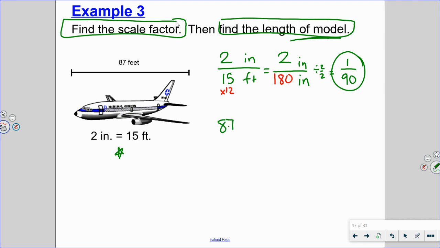If we know we got 87 feet, we can multiply not by 90 wholes, by 1/90th, and we're going to get 87 over 90, which, by the way, reduces by 3 quite nicely. 29/30ths of a foot. And yes, you could change that to inches if you like.